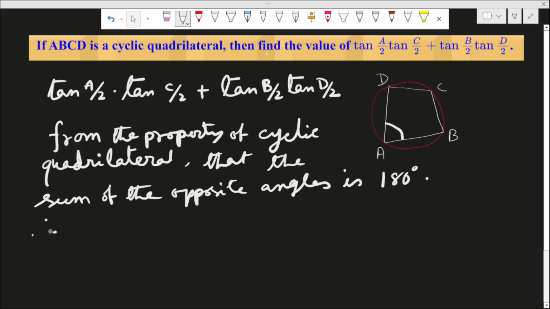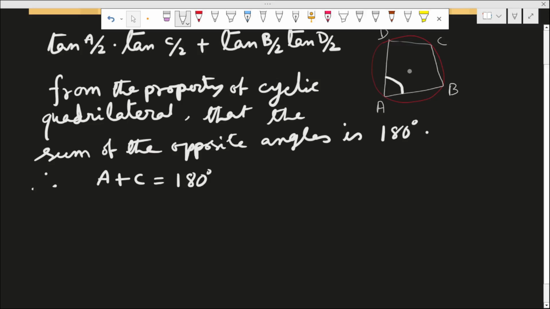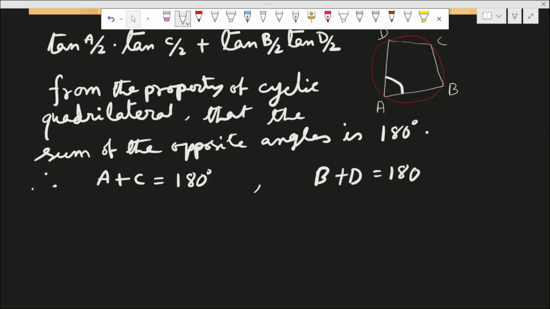Therefore, we may write A plus C equal to 180 degrees, as the angles A and C are opposite angles of this cyclic quadrilateral ABCD. Similarly, B plus D equal to 180 degrees.